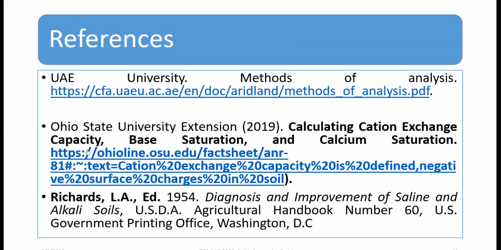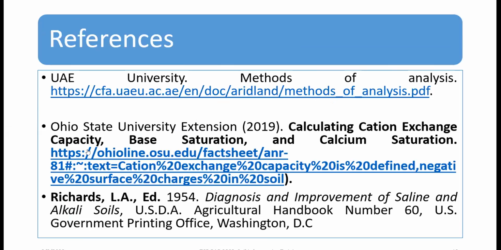So this is for CEC. If we try to generalize the methodology, as I said from the beginning, here you saturate the soil exchangeable sites with sodium by adding sodium acetate 4 times.